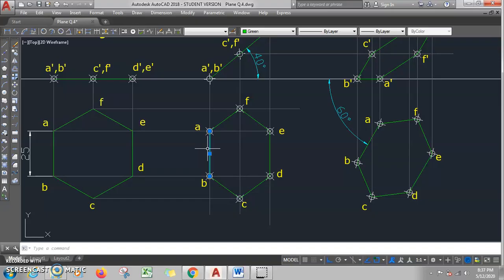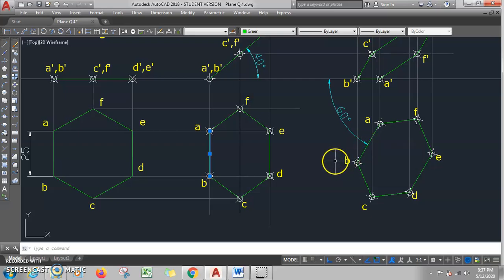So what do we need to do? We need to rotate the object by 30°, so that the angle of AB becomes 60°. In which direction? In the clockwise direction. If you rotate in the anti-clockwise direction, that is also correct, because whether you rotate clockwise or anti-clockwise, the angle of AB becomes 60°.